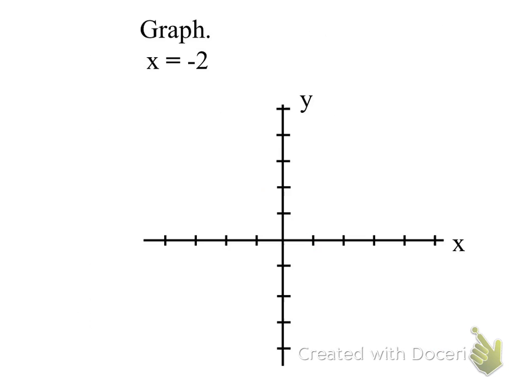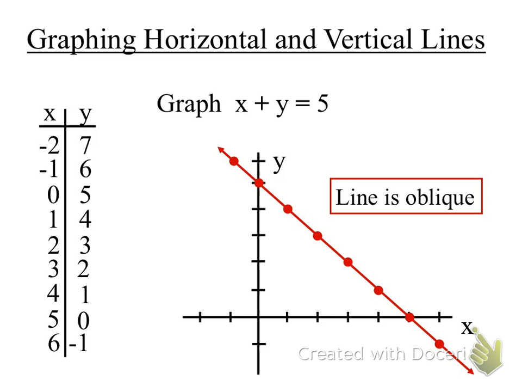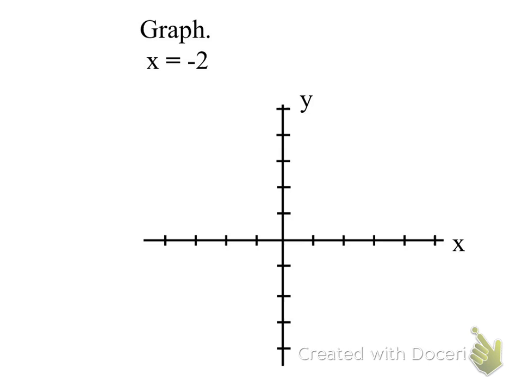This is what I call an oblique line because it's diagonal. Okay? If I have x equals, you're going to set your table up like this. X and y. That means x is always going to be -2. And I choose the y.